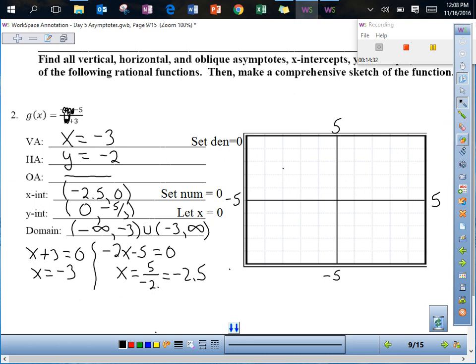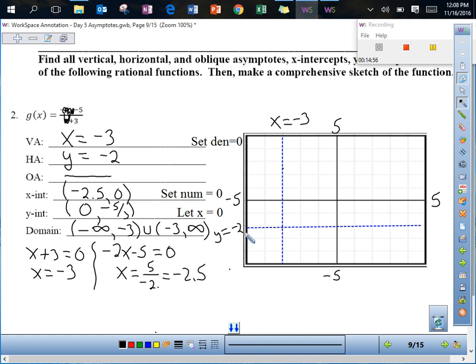Now, let me draw in my asymptotes. I have one at x equal -3, so right there. I have one at y equal -2. Let me label those now. So x equal -3, y equal -2.